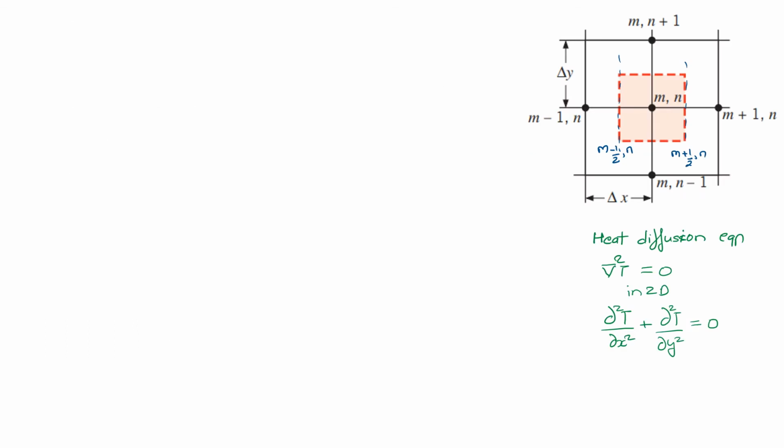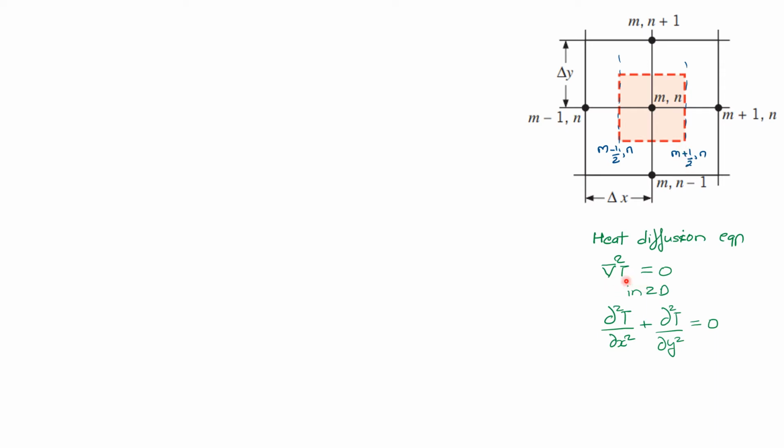Let's take this particular element and see if we can find the temperature at m comma n. We start with the heat diffusion equation. Our heat diffusion equation is del square T equals 0 in 2D, and our assumptions here are that we have constant properties throughout the entire body, and steady state conditions exist.